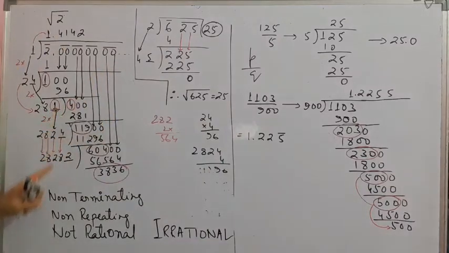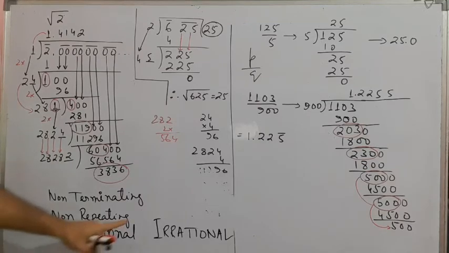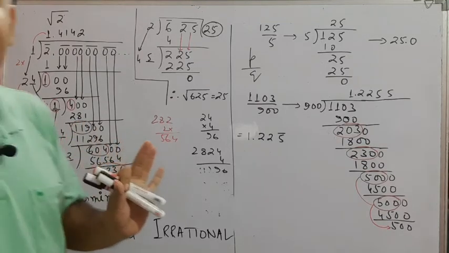And the third one is non-terminating and non-repeating. So it is not the decimal form of a rational number, so it is not rational, which is an irrational number.